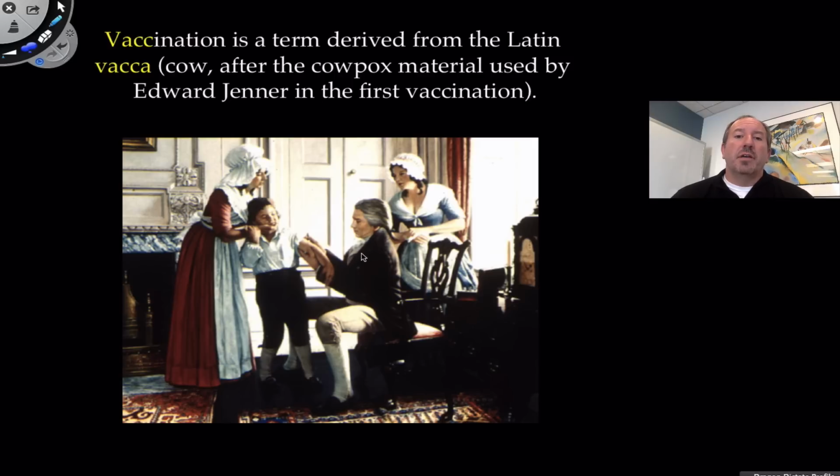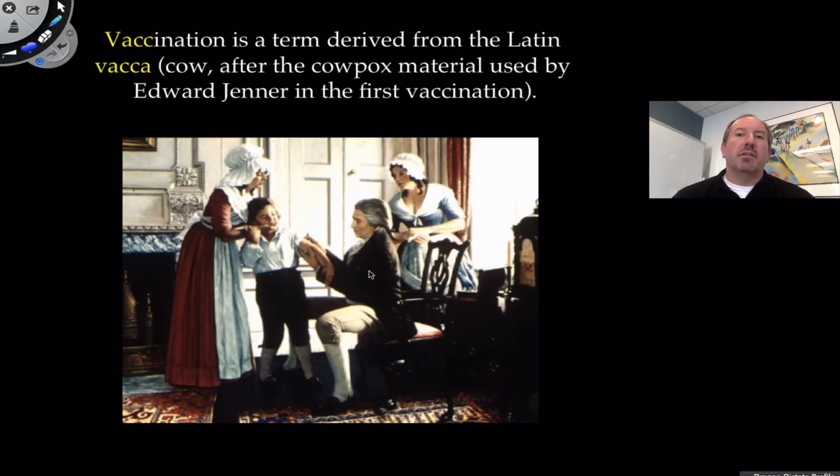Interestingly enough, Dr. Jenner noticed that some of his patients were milkmaids, women who were milking cows. As it turns out, cows developed a similar type of infection to smallpox. It was called cowpox, and it was contagious to people. Well, who's going to catch cowpox? Women who were milking the cows.